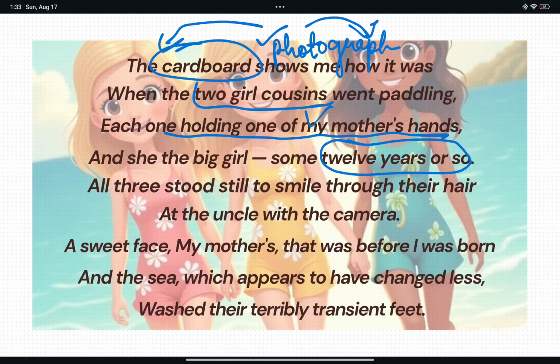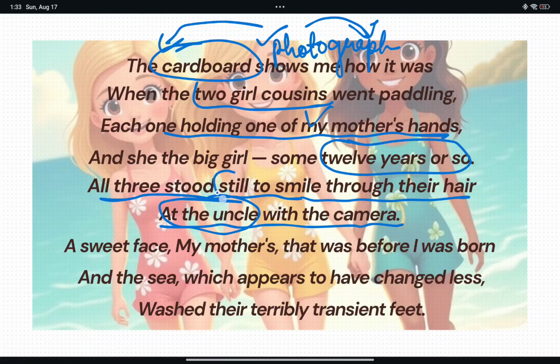Understood? Now it says, all three stood still to smile through their hair at the uncle with the camera. The one to click this picture was their uncle, and all of them stood still. Still means without any movement.